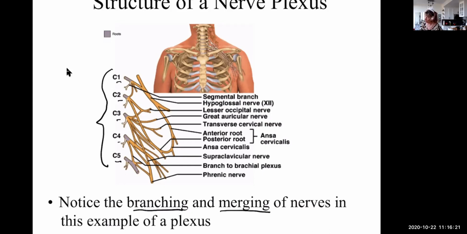For example, the hypoglossal nerve that comes from somewhere different, from the cranium, merges at this point. There's the phrenic nerve in this particular plexus, and that goes to the diaphragm. So damage to the phrenic nerve can lead to loss of breathing and can be fatal.